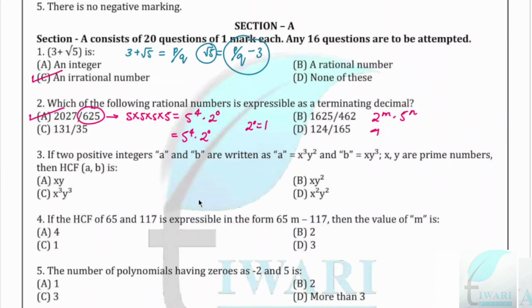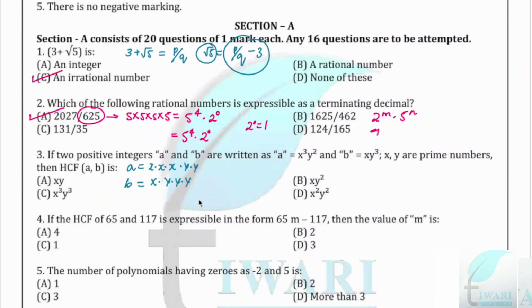So let us find out the prime factorization of a, b. Prime factorization of a is x cube into y square, so a can be written as x into x into x, that is x cube, into y square. And prime factorization of b is x into y cube, that is x into y into y into y.